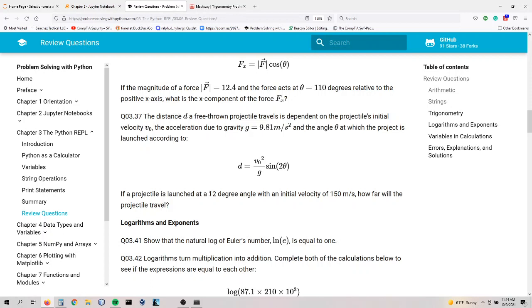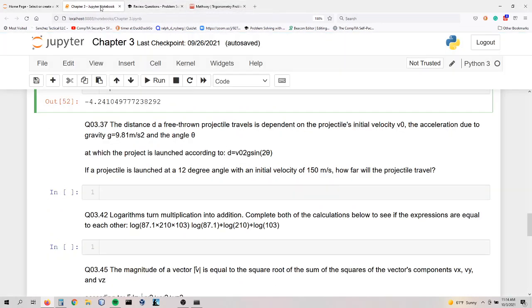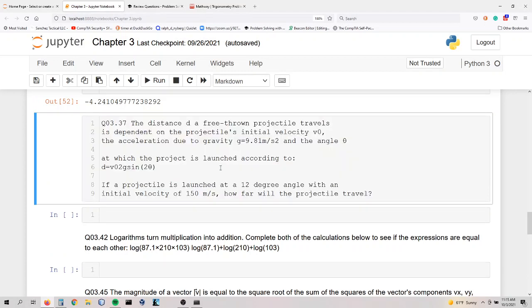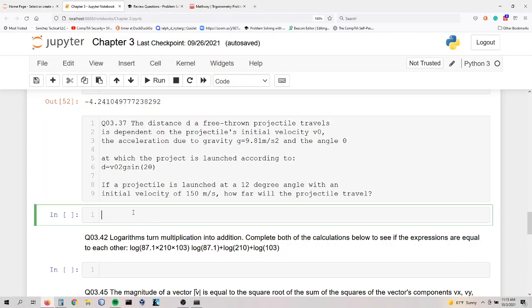If the projectile is launched at a 12 degree angle with an initial velocity of 150 meters per second, how far will the projectile travel? So we do have this little formula here. Let me see how it looks in the Jupyter notebook. Oh yeah, it came out very horrible. That's v sub 0. It didn't come out right, so maybe my thinking wasn't going to work.